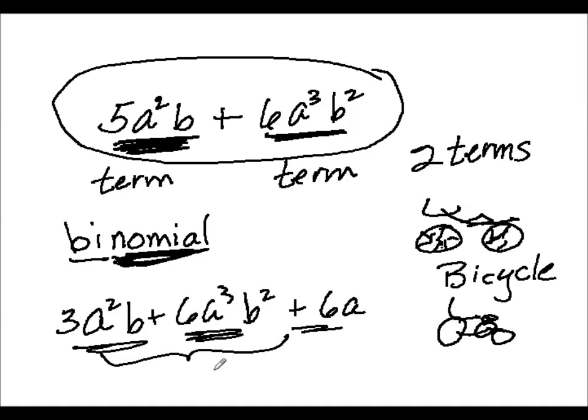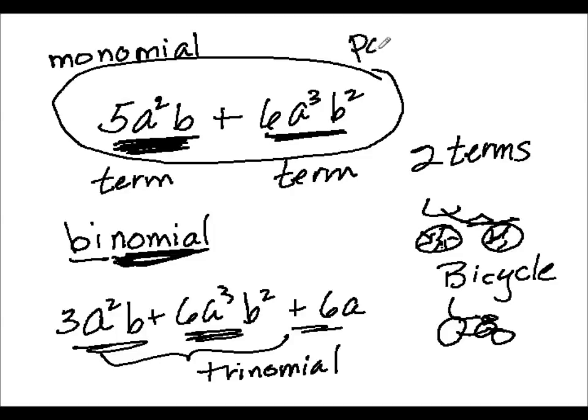This is a trinomial. Anything that has one term is called a monomial, like a monorail, a train that runs on one track. Monomial, binomial, trinomial.